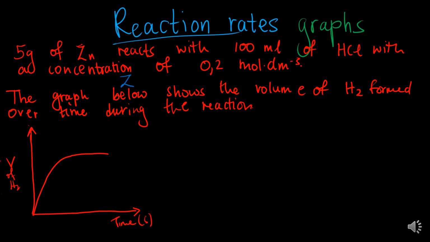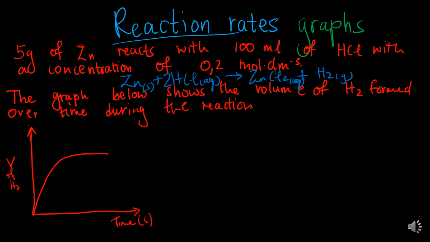That would be a reaction: zinc, the solid, plus HCl, which is an aqueous solution, to form ZnCl2 plus H2. This is a gas and this will be in solution, right? And then let's balance it out quickly.